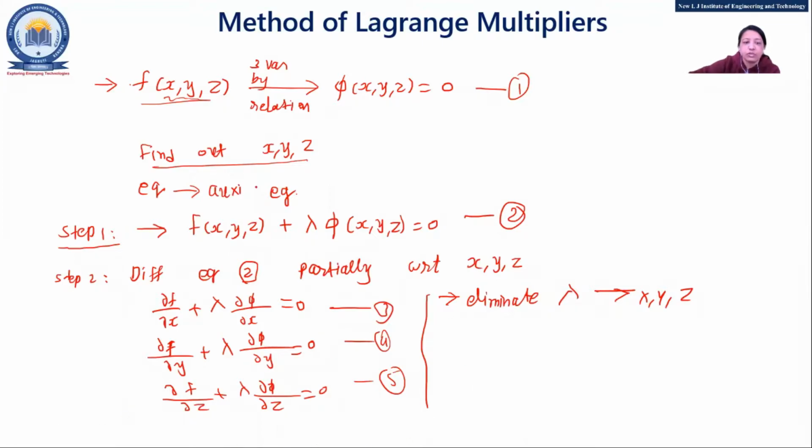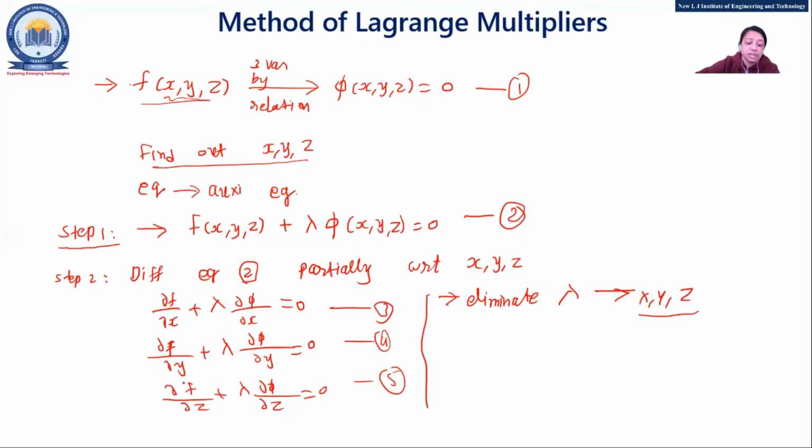So these steps are followed. Step 1, auxiliary equation. Step 2, partial differentiation of equation 2 with respect to x, y, z. Then the third step is to eliminate lambda from equations 3, 4, 5 to obtain the values of x, y and z.